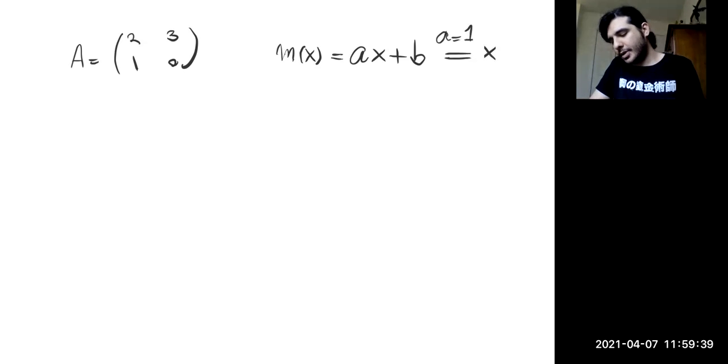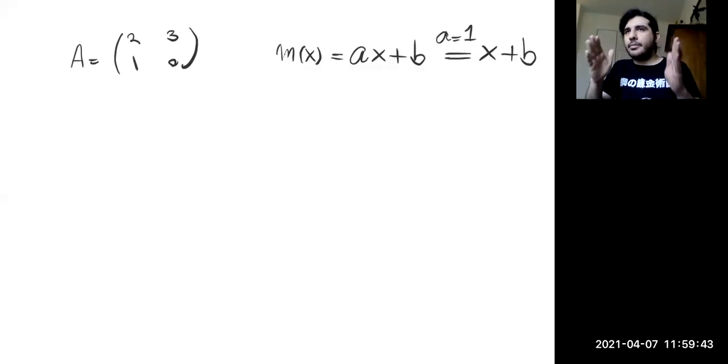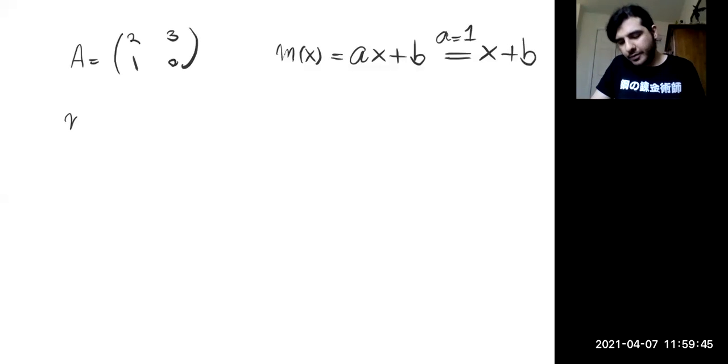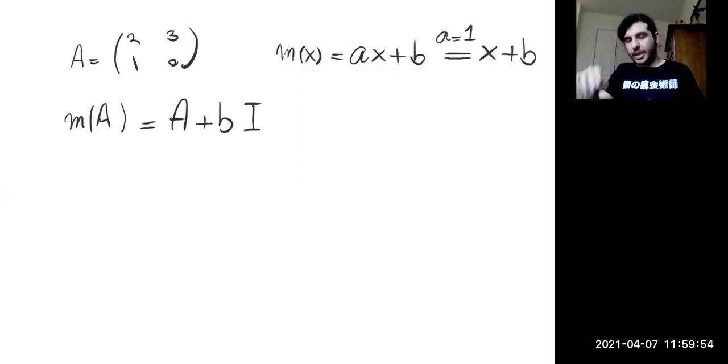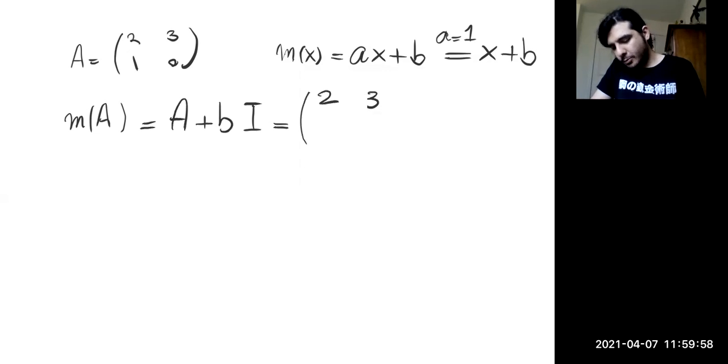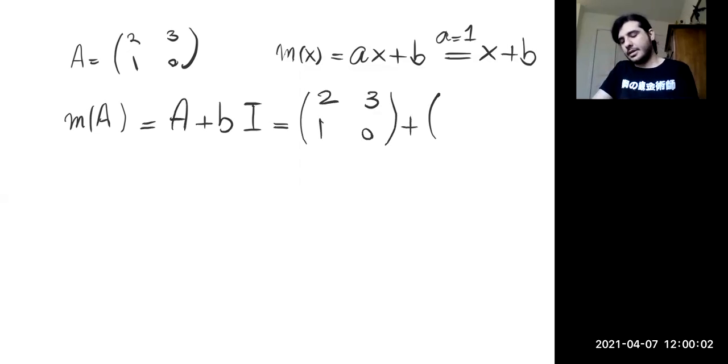So it should be of the form x plus b. If I write that in matrix form, m of A would be A. I would just plug in A instead of x. And instead of b, we would write b times the identity matrix. So this would be 2, 3, 1, 0 plus b times the identity matrix, which is b, 0, 0, b.